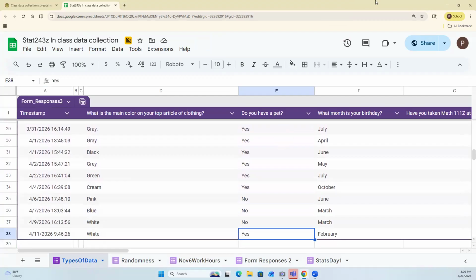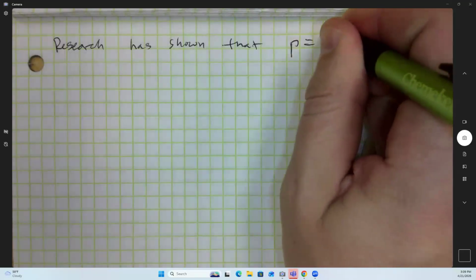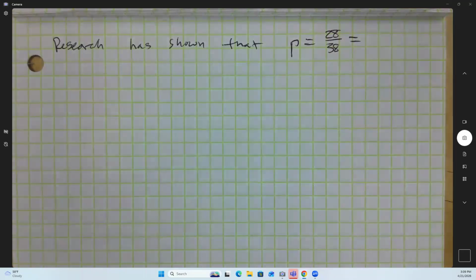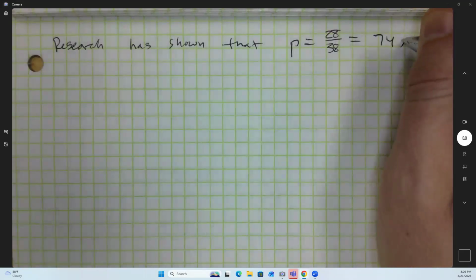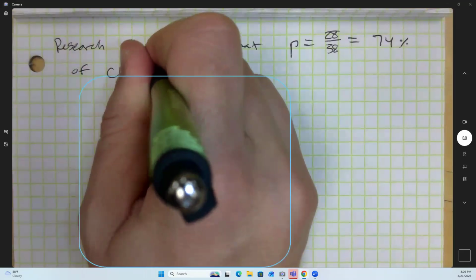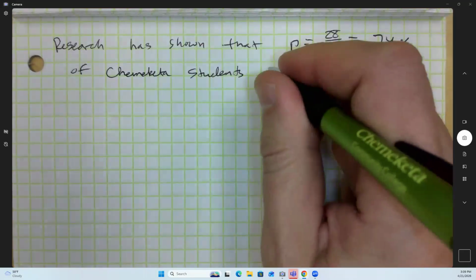Okay, that P equals 28 out of 38, or let's go ahead and just get a decimal for that. 74% of Chemeketa students have a pet.